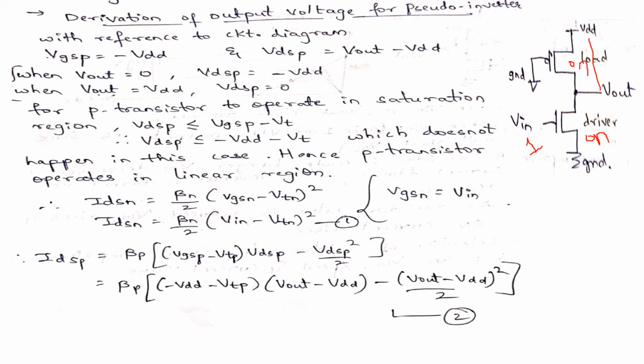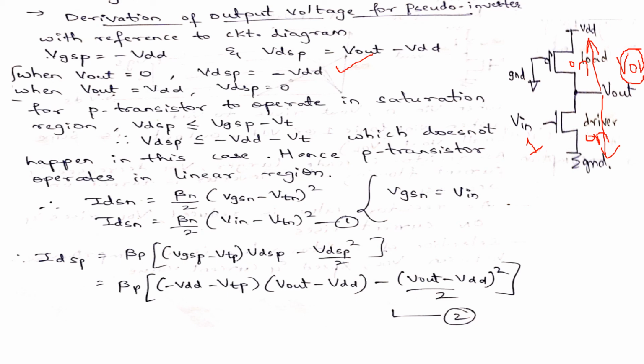Hence the output is pulled towards VDD as well as towards ground. Input is 1, the required output is 0, but we will be getting the output as VOL. So we are deriving this expression for VOL. So this case occurs if input is 1 and the required output is 0. So we will be considering this case.